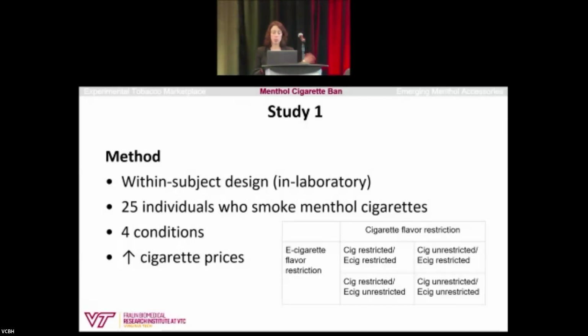We tested their purchasing behavior across 4 different conditions using the experimental tobacco marketplace. So both cigarette and e-cigarette flavors restricted, cigarette flavors restricted only, e-cigarette flavors restricted only, and then both of them unrestricted. And then we increased cigarette prices across trials.